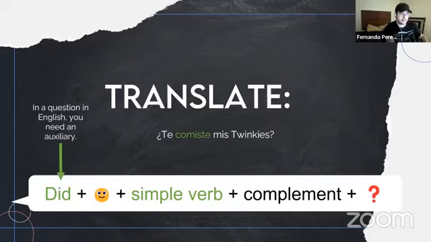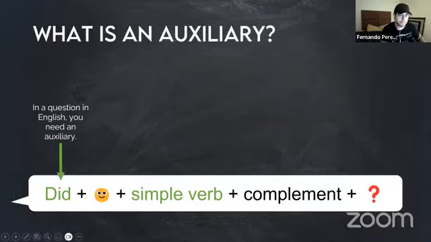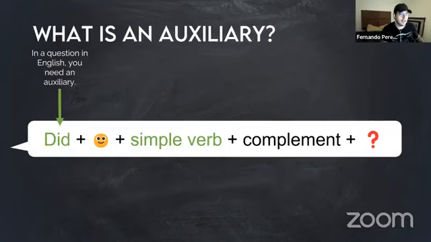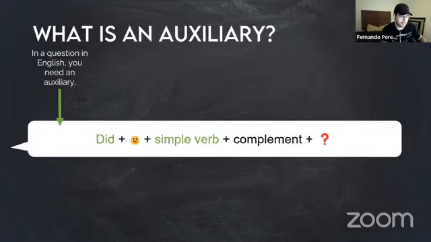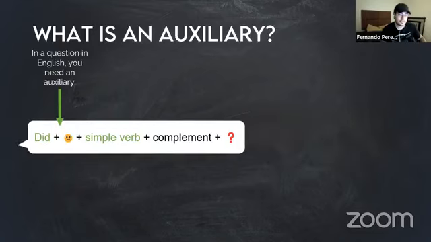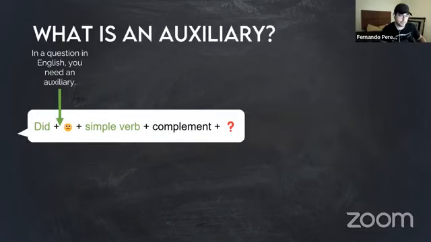What is an auxiliary? So it's very clear that in English, you always need an auxiliary, no? This is for questions, exclusive for questions.